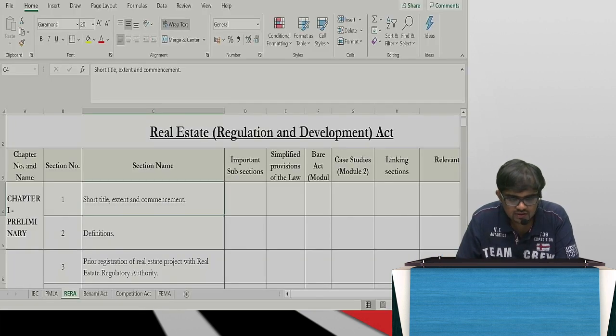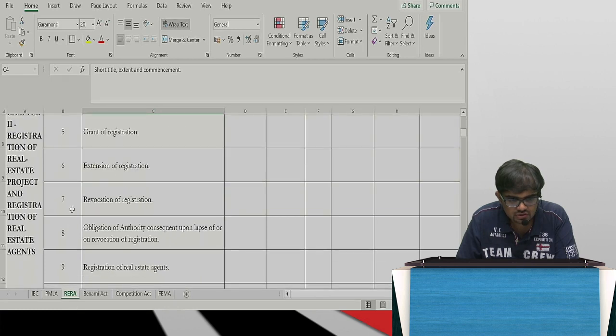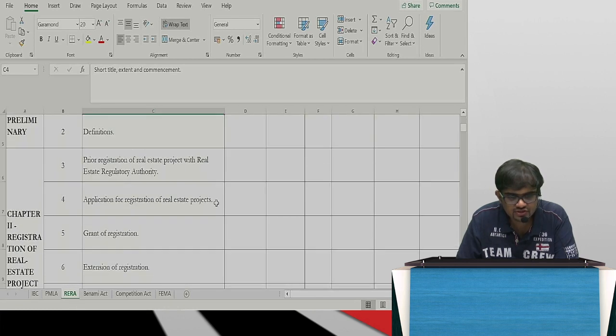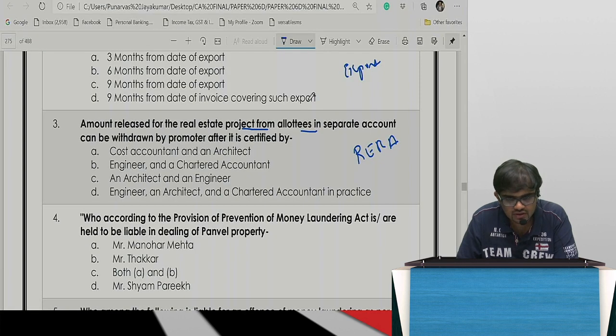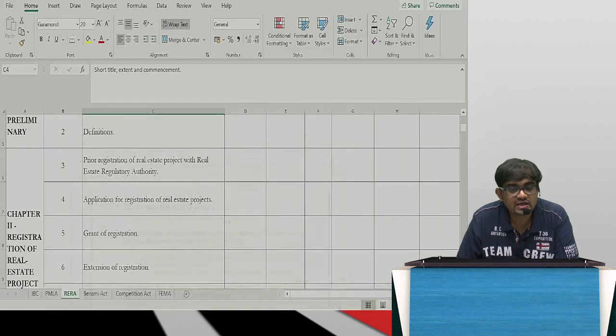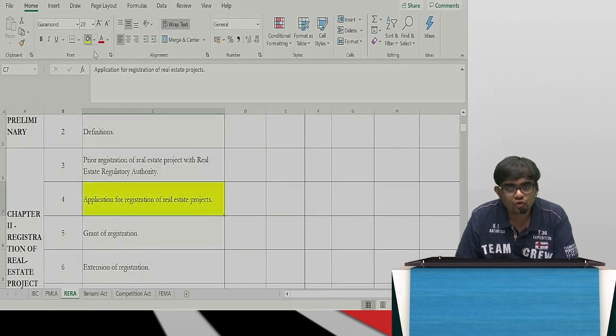If you open this immediately, RERA, so all your registration and application for registration, etc. See, this question is about the amount released for real estate project from allottees and separate account, which can be withdrawn by the promoter certified by. This is basically registration related stuff. So it automatically comes under section 4, right? Like that, if you go to the mapping immediately and check, you will get the answer.